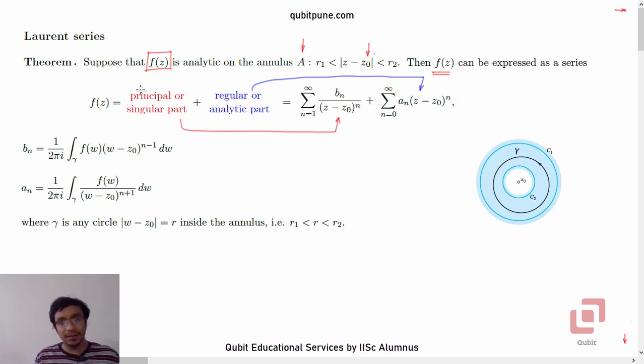This is the theorem, and the series that we get is known as the Laurent series. Just like we have formulas for coefficients of a Taylor series, we also have formulas for coefficients of the Laurent series. Deliberately we have called the coefficients of the regular part an, and the coefficients of the principal or singular part bn.